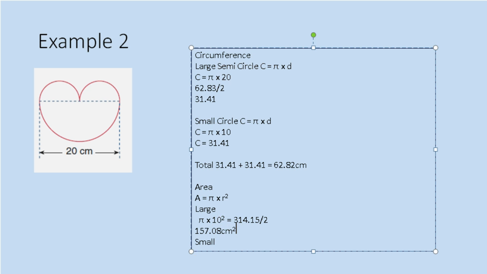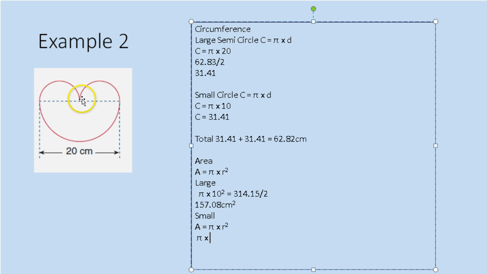And then let's have a look at the small one. So the small one, they have a diameter of 10, so they have a radius of 5. So pi times 5 squared, and that will give us 78.54 centimeters squared. Now remember that we have two semicircles, or a whole circle, so that 78.54 represents both sections of that circle.